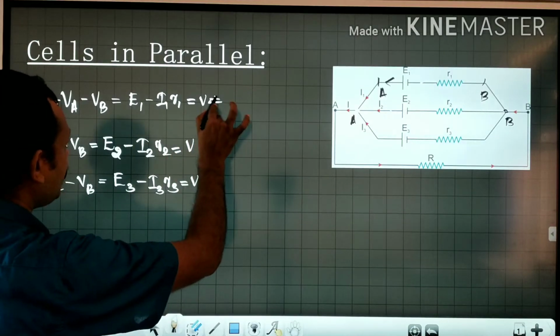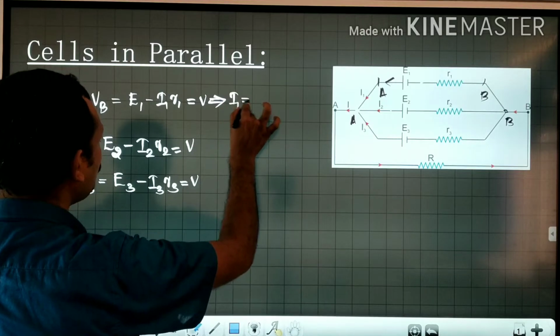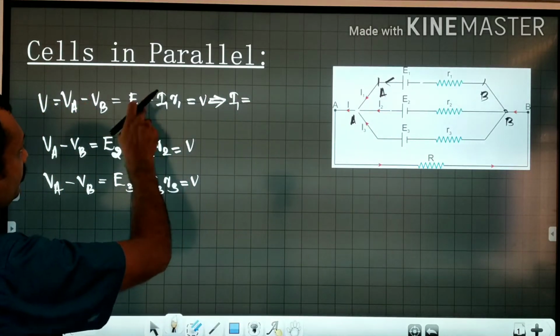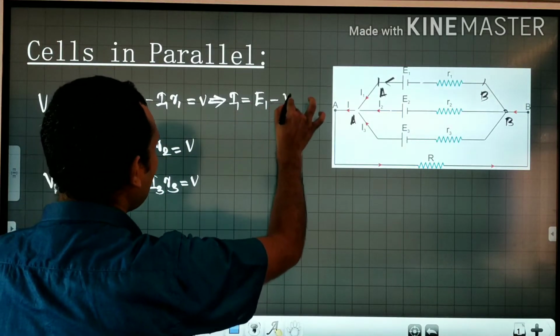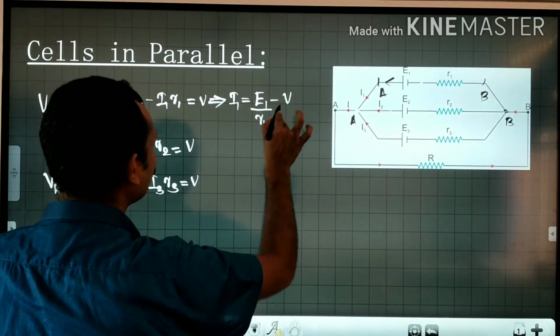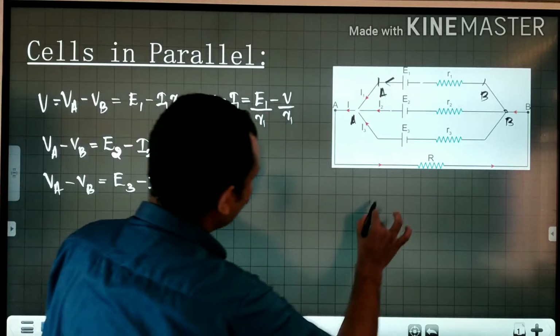From this equation, I can get I1. What is I1 equal to? I will take V to the other side, which gives E1 minus V divided by R1. If it is not clear, let me write it once more.